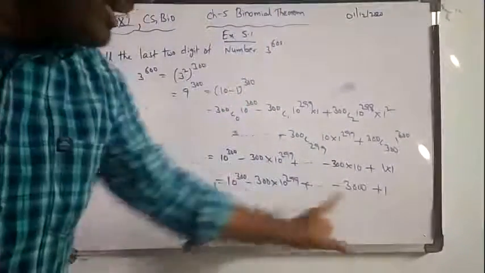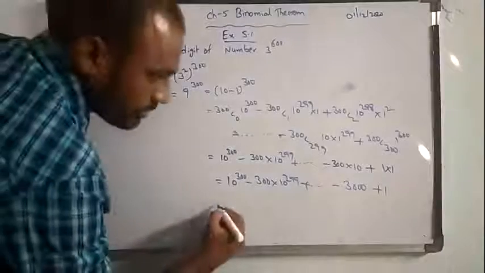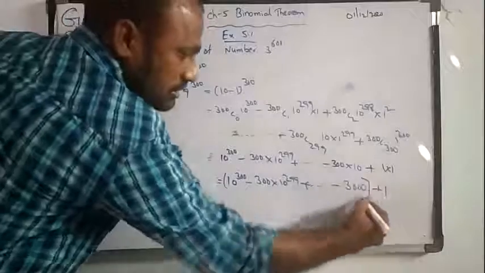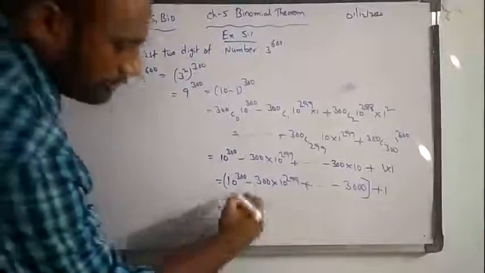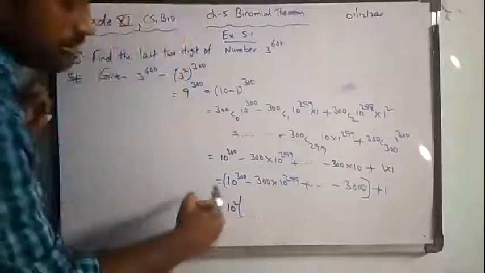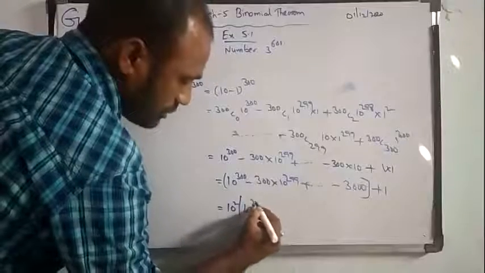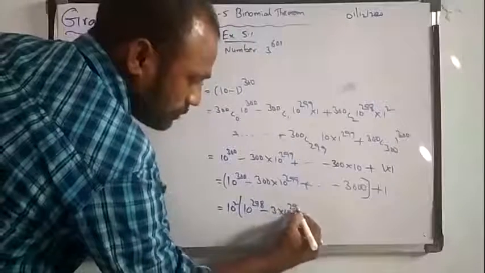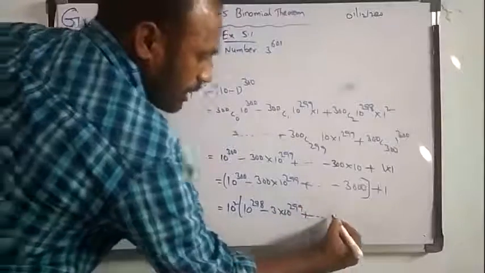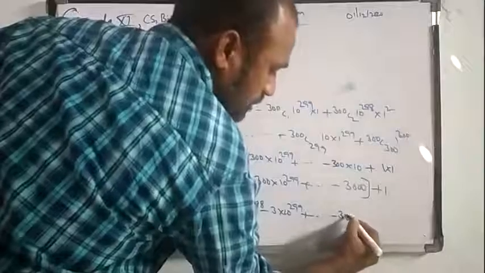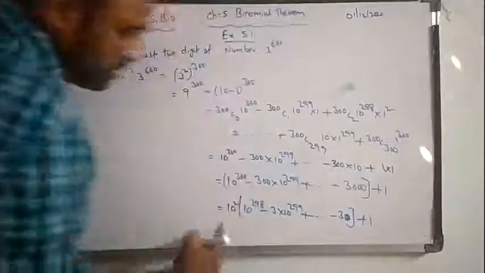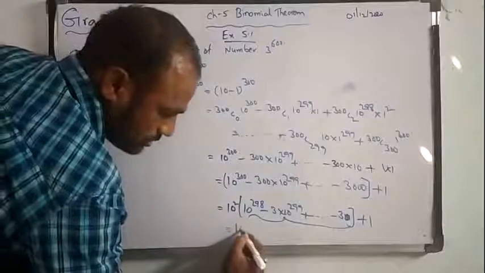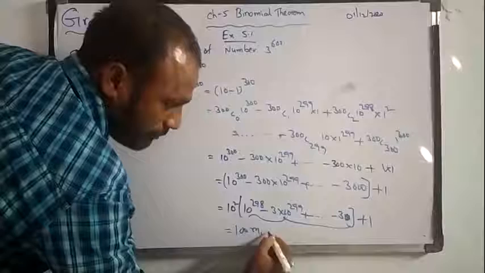In all this we can take 10 square common. So it is left with 10 to the power of 298 minus 3 into 10 to the power of 299 plus so on minus 3 into 10 plus 1. This total I can treat as M1. So 100 into M1 plus 1.